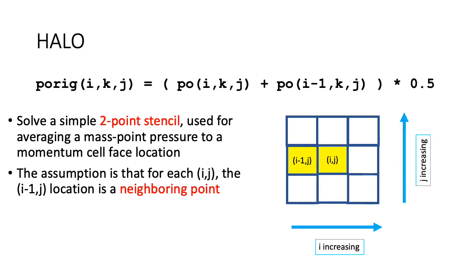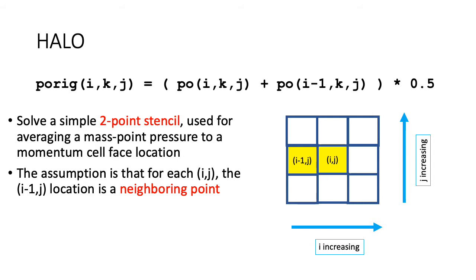If P original is going to end up on a momentum point, that means PO is on the mass point. It's in the middle of the two grid cells. The I minus 1 point is to the left of I, and if our original point that we're interested in, P original I comma J, is in the middle of the grid cell, the grid cell to the left is still contained in our set of grid points that are owned by our processor.